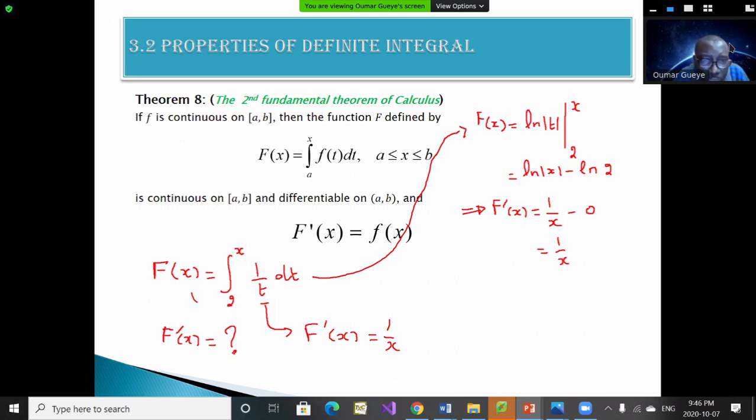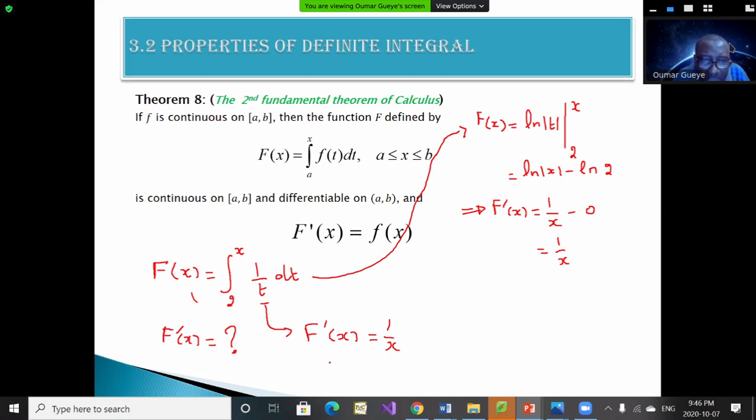And the fastest way is what the theorem tells us. The theorem says if you want to calculate the derivative of such a function, you do not have to go far from what you have here. It's just sufficient to take 1 over t, which is inside your integral, and replace your t by x, and you will get your derivative of capital F.